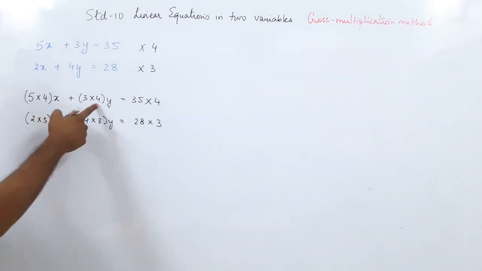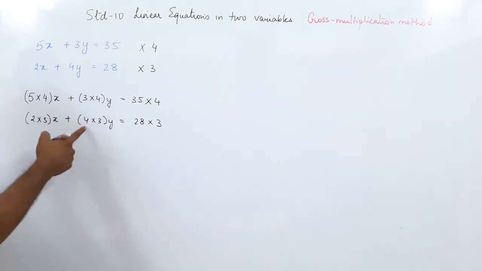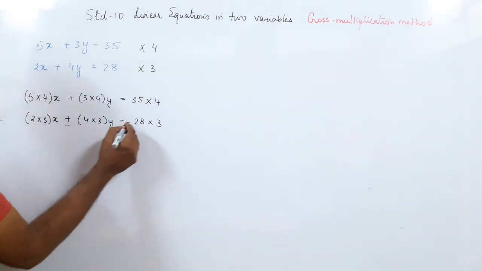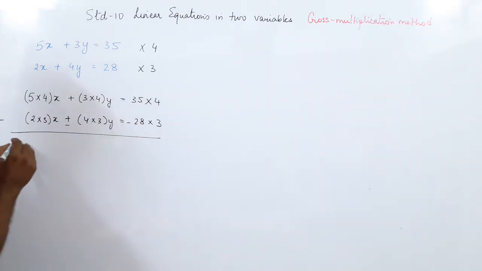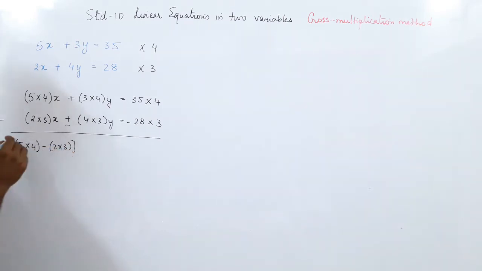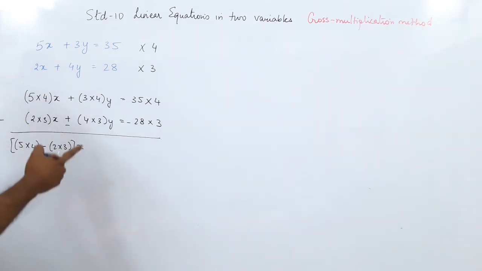Now what is 3 into 4? 12y. 4 into 3, 12y. So to eliminate them both, let us subtract. So minus, minus, minus. What do you get? 5 into 4 minus 2 into 3x.